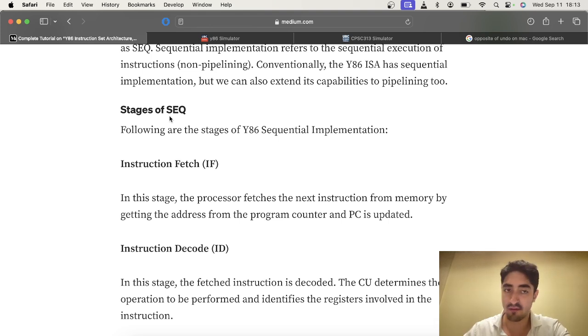So you have instruction fetch. In this stage, the processor fetches the next instruction from memory by getting the address from the program counter, and PC is updated.